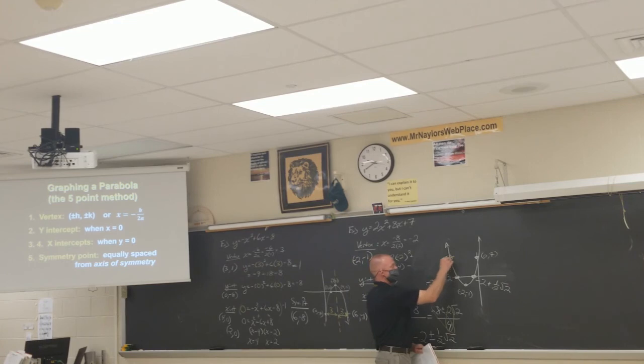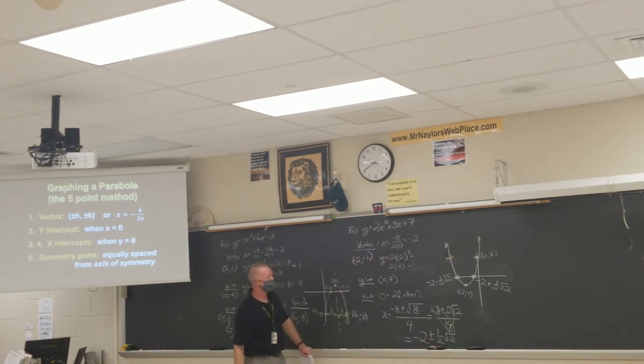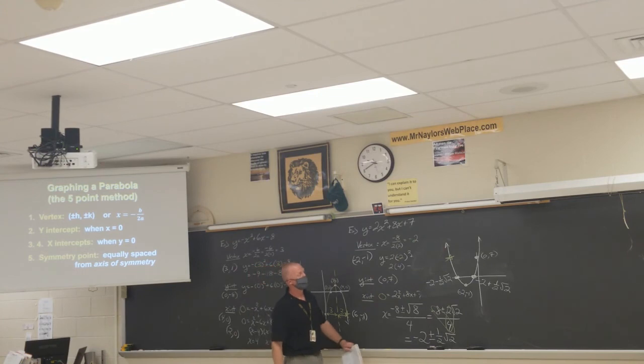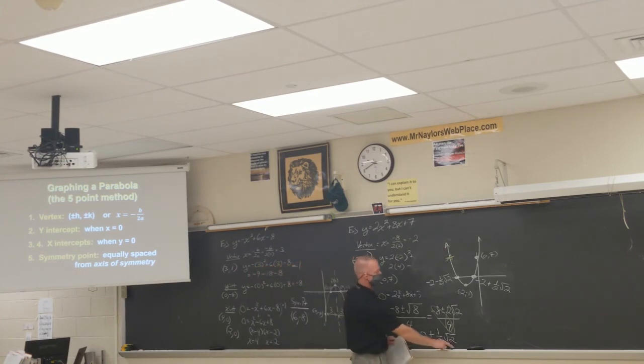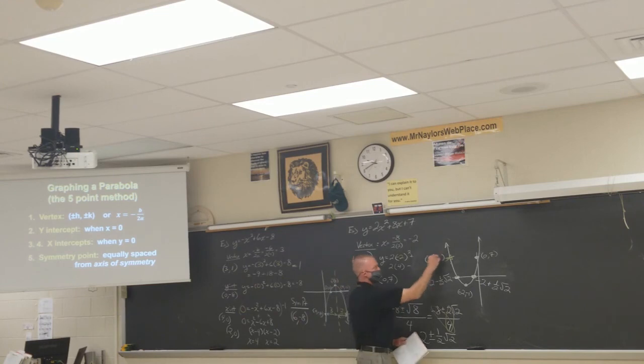We still need a symmetry point. I'll give you a moment to think about it because it's supposed to be a visual inspection. I hope you're getting a little bit of an idea for the symmetry point.